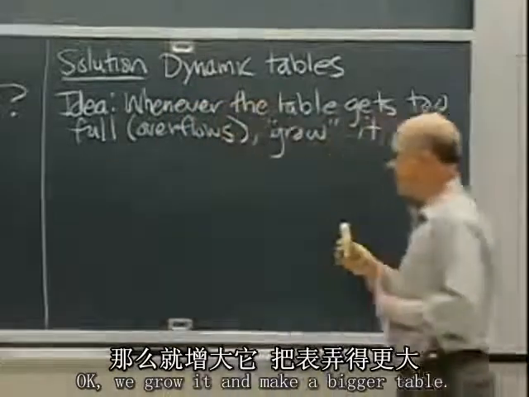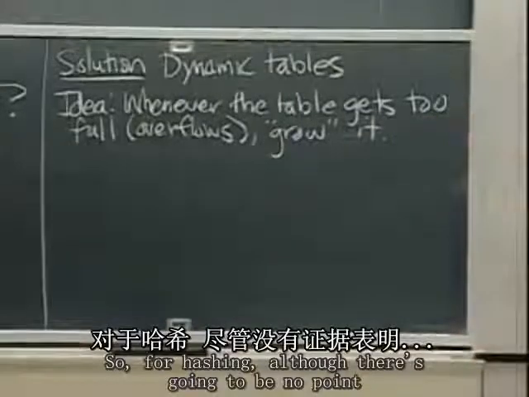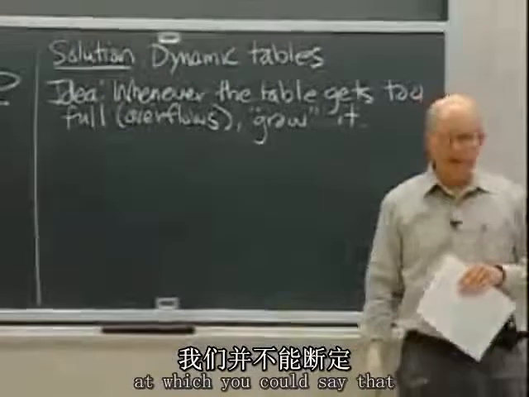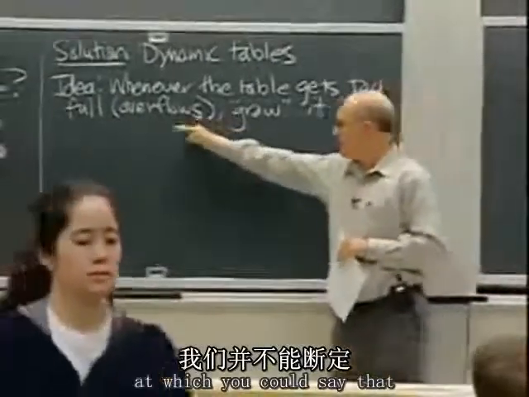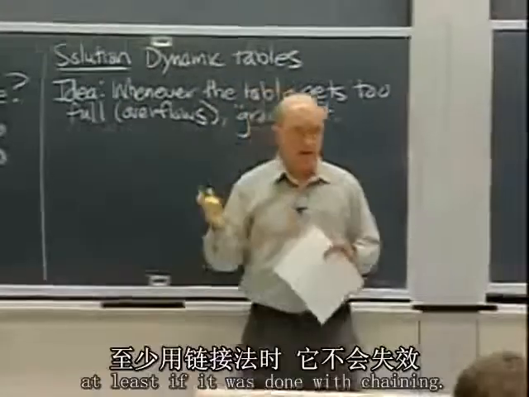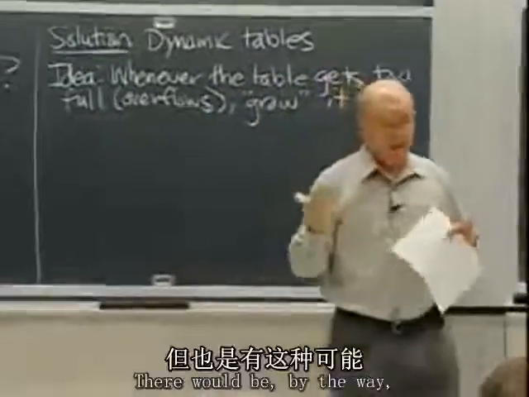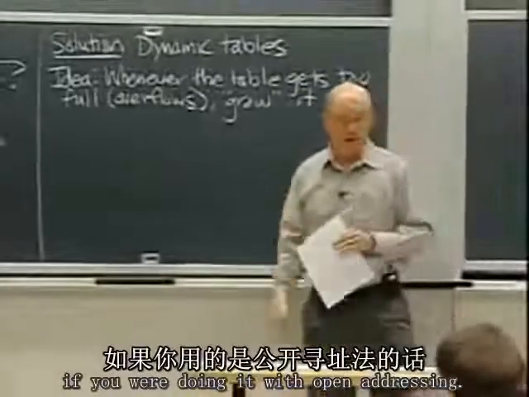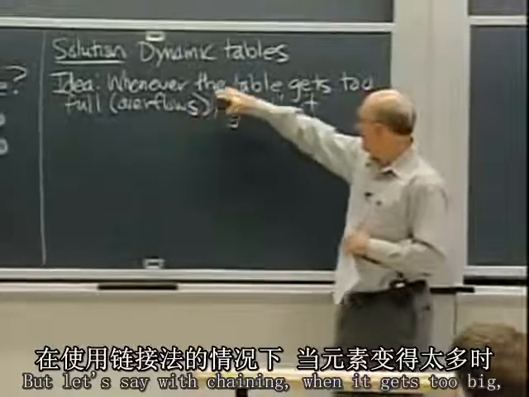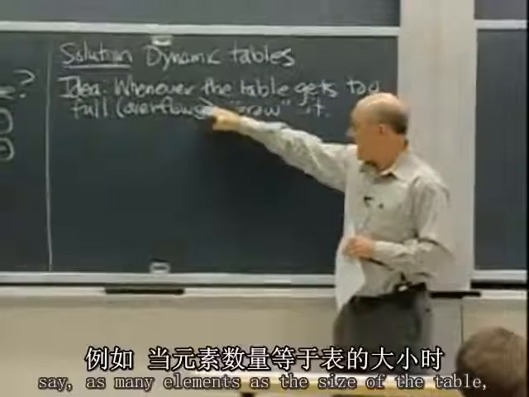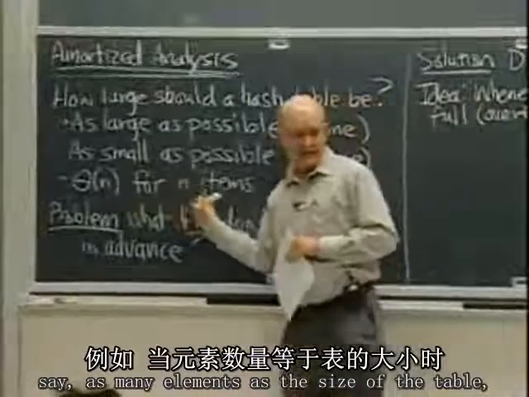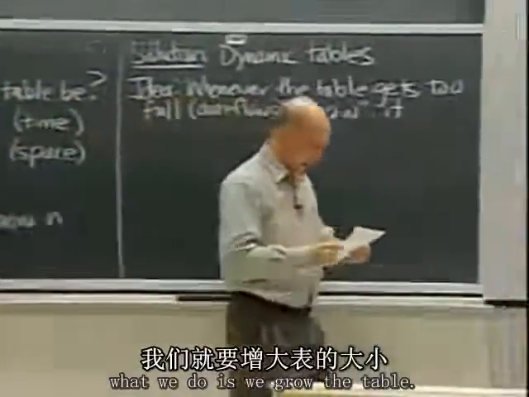Make a bigger table. So for hashing, although there's going to be no point at which you could say that it overflows in the sense that it wouldn't be functional, at least if it was done with chaining. There would be, by the way, if you were doing it with open addressing. Let's say with chaining, when it gets too big, say, as many elements as the size of the table, what we do is we grow the table.